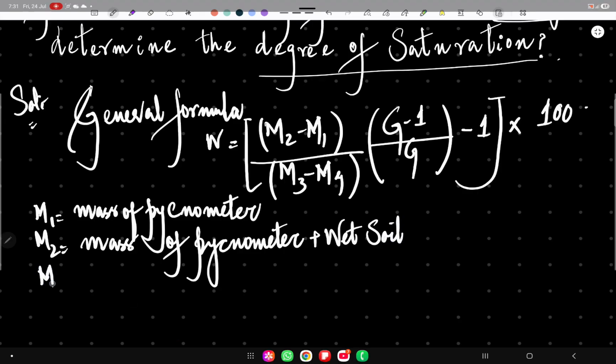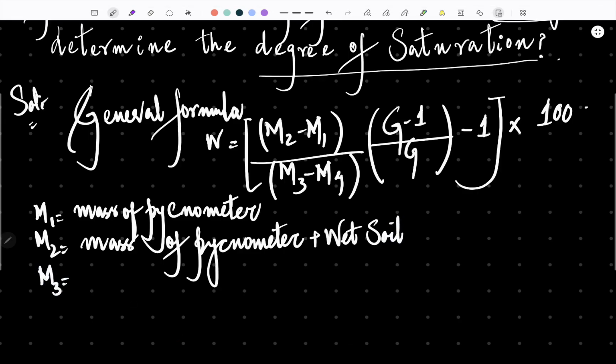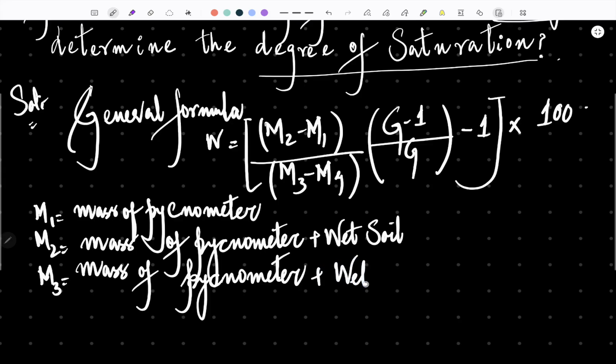M3 is the mass of pycnometer plus wet soil plus water.